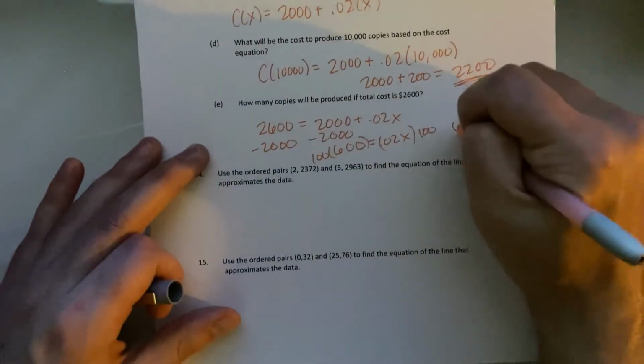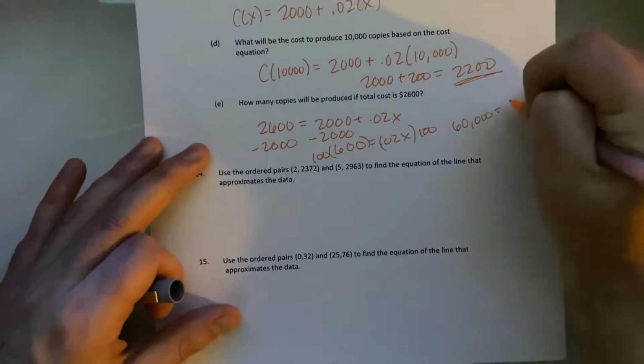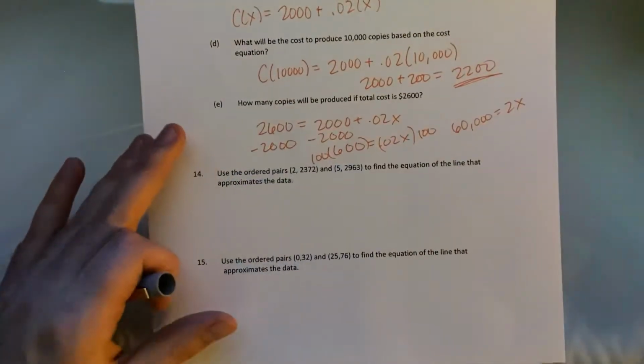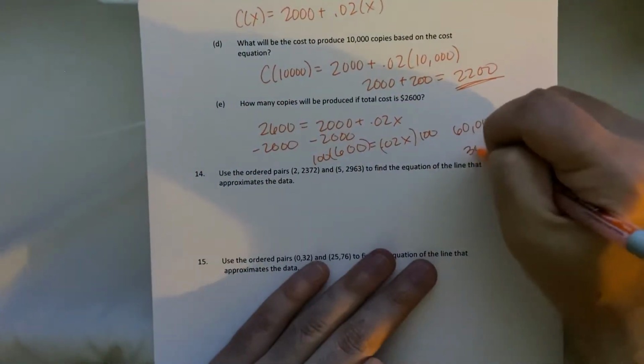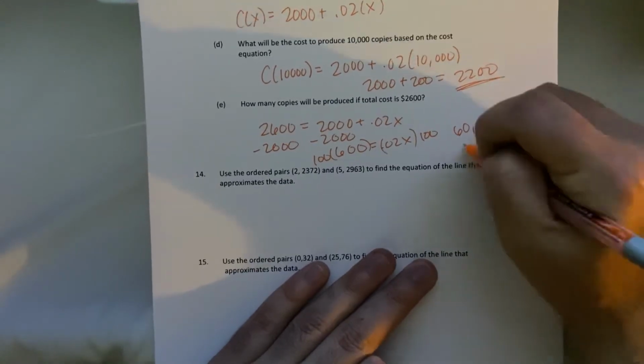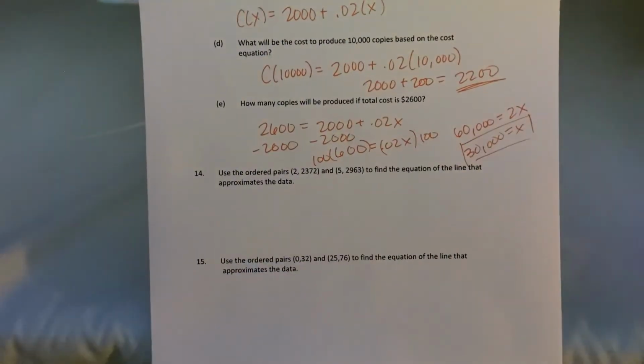Multiply by 100 to get 60,000 equals 2x. So it moves the decimal place twice. Divide by 2 to get 30,000 equals x. So 30,000 copies. In truth, because we multiplied by 100 and divided by 2, it's the same as multiplying by 50. So multiplying by 50 gets rid of a 0.02.